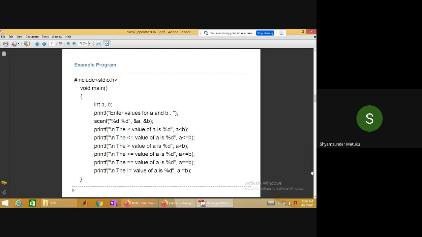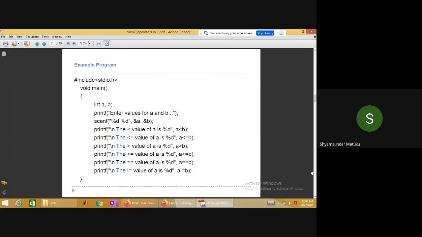I'm asking all of you. What will be the output of the first printf? Go on, fast. A is 5, B is 10. So instead of the name of the variable, I'm directly writing the expression.